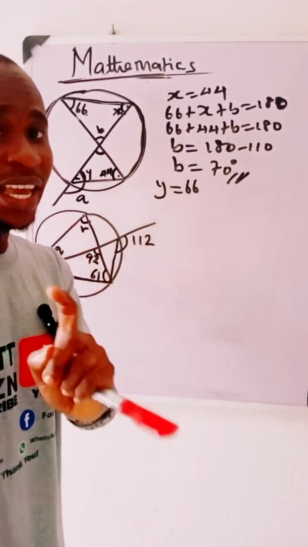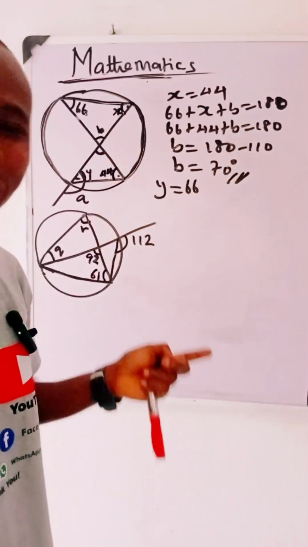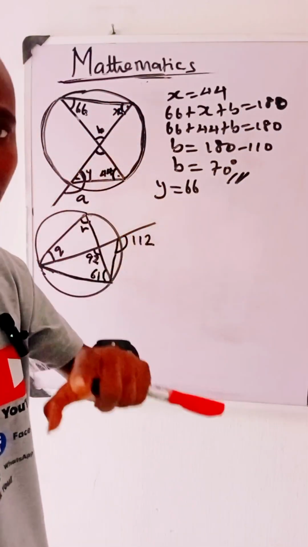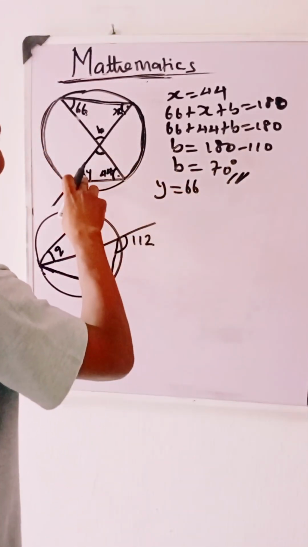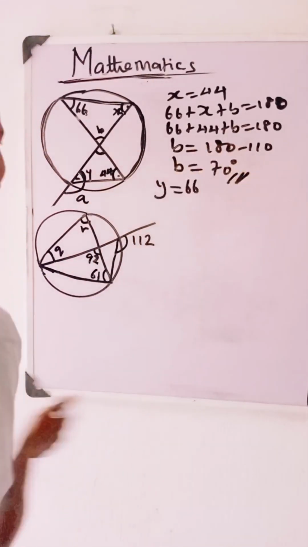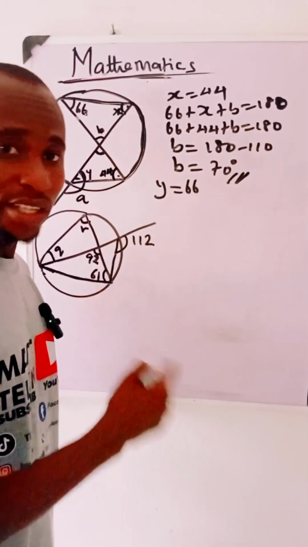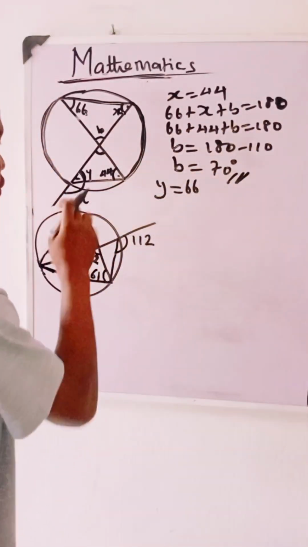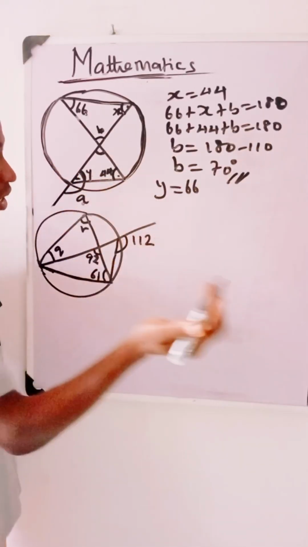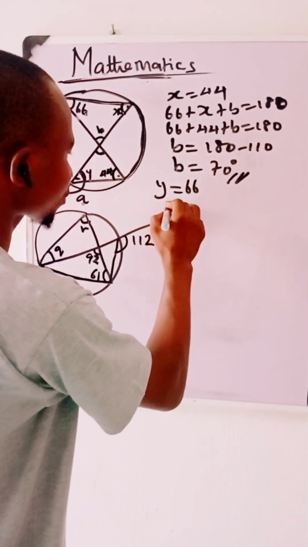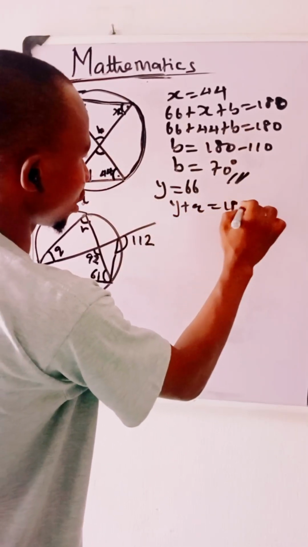Angles in the same segment, created by the same arc, are equal. Since here is 66, the next thing is to apply angles on a straight line to find A. I add this plus this equal to 180. So I have Y plus A equal to 180.